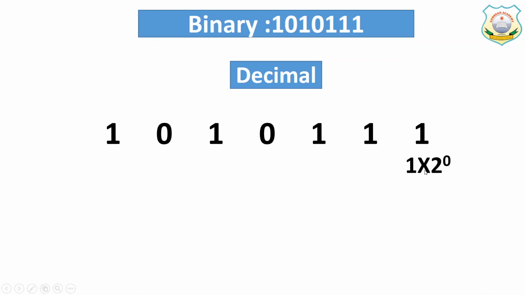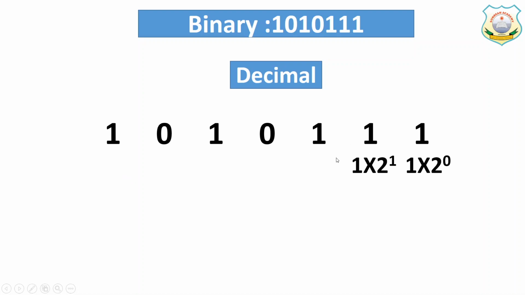So 1 into 2 raised to power 0. Okay, I took this number 1 into 2 power 0. Then I will take the next number and do the same thing, 1 into 2, but this time the power will increase by 1. Over here it was 0, over here it became 1, and it will go on increasing.